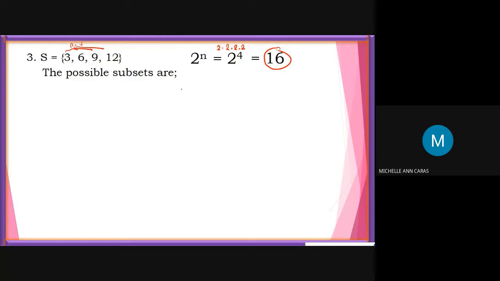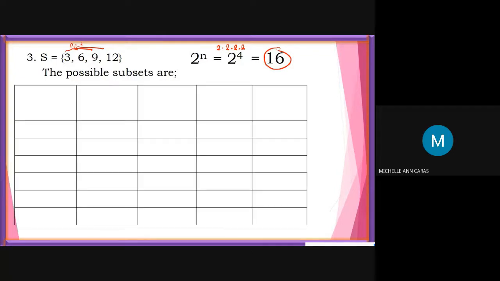Okay, so first we're going to make a table. Liwaton ta, every set is a subset of itself. Balanta nga si set S, mayara siya sang apat ka elements. So therefore, sa first naton, ang ibutang naton diri is 4 elements.